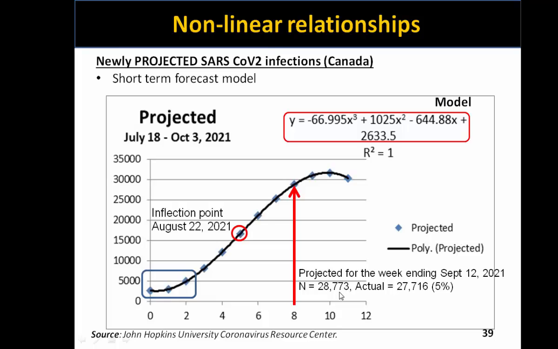When it was reported by Johns Hopkins on that day, the actual number of cases was reported to be 27,716. So the model overpredicted what the actual case count was and was off by 5%. So that is one way in which regression modeling, nonlinear regression modeling, can be used in a forecasting sort of way.